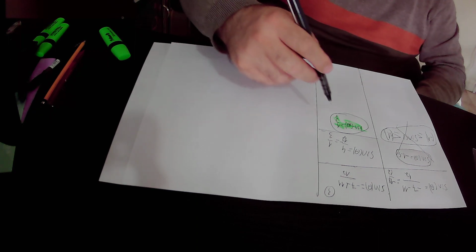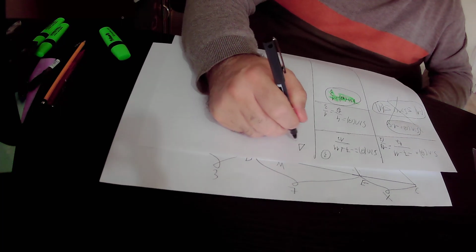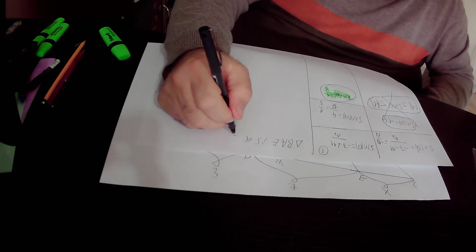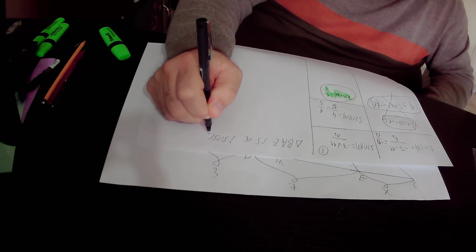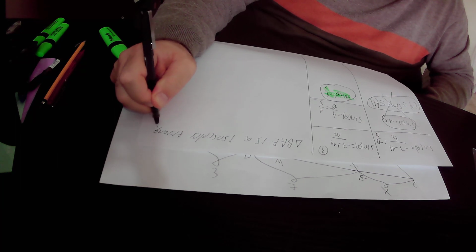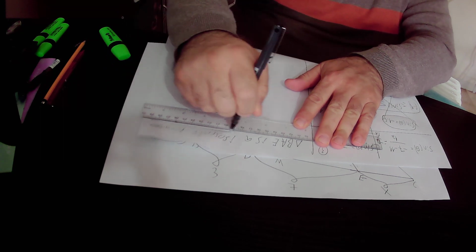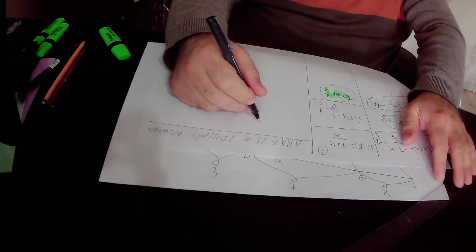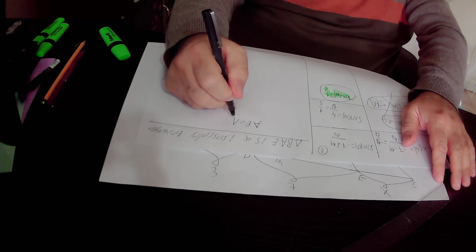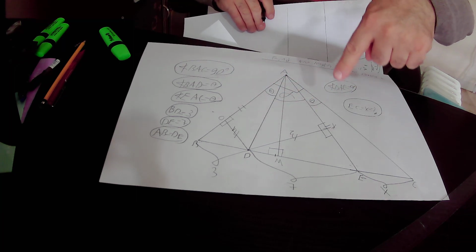Therefore, we can write down that triangle BAE is an isosceles triangle because it is given in the question that side AE is equal to side AB.